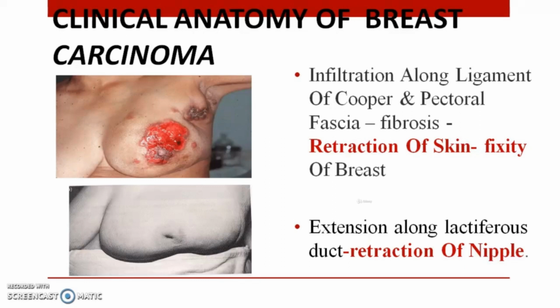The carcinoma makes the infiltration along the ligament of Cooper and also the pectoral fascia, which will lead to retraction of the skin, and it gets fixed to the pectoral fascia. It again causes extension along the lactiferous ducts. The carcinoma will extend along the lactiferous duct, which will again cause retraction of the nipple region.